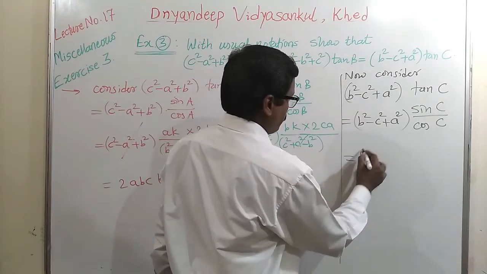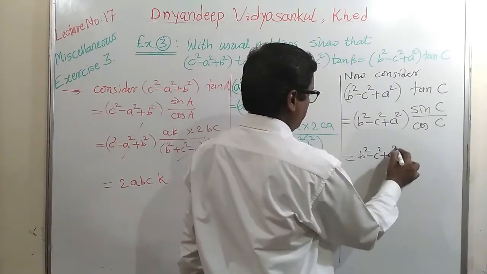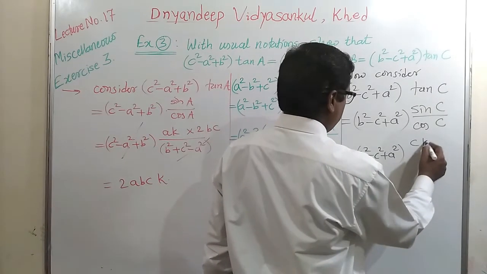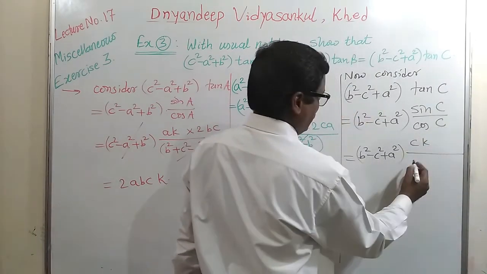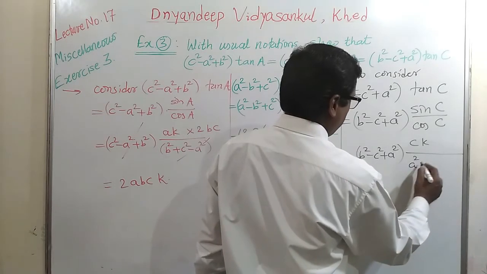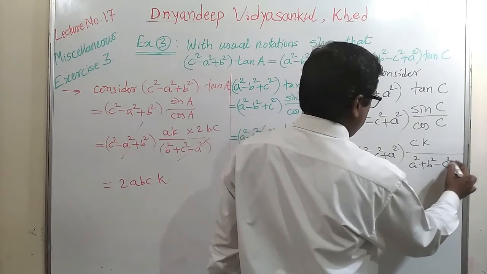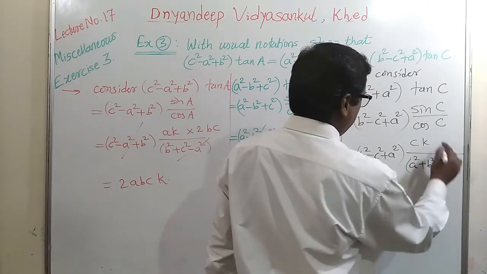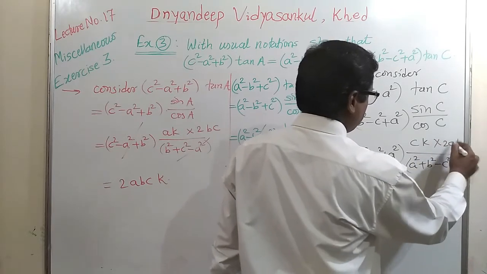So we get here (b square minus c square plus a square) into cK whole divided by cos C, which is (a square plus b square minus c square) upon twice ab. I am writing that here as twice ab.